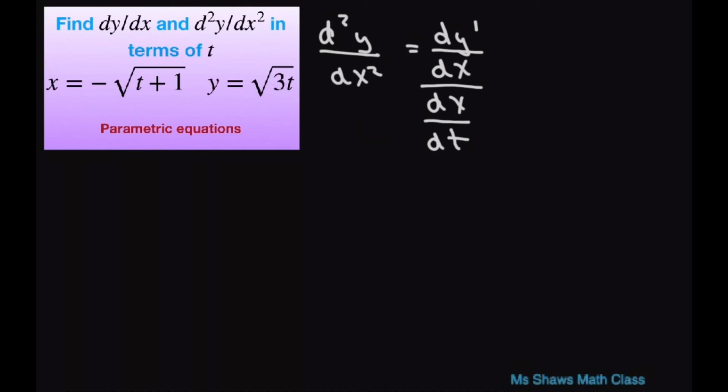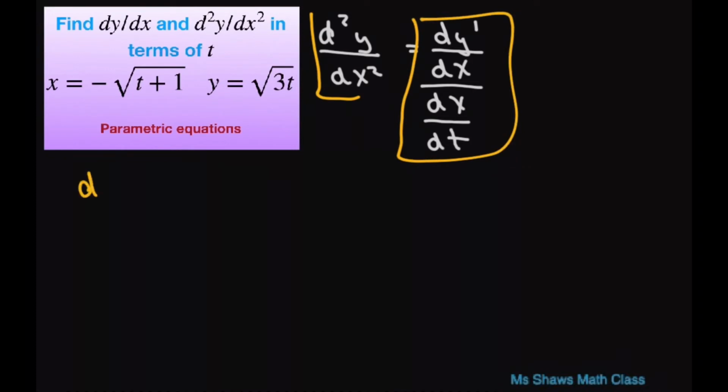Now we're going to go ahead and take our second derivative using this formula here. So we're going to differentiate with respect to t, and we had negative square root of 3 plus 3 divided by t.